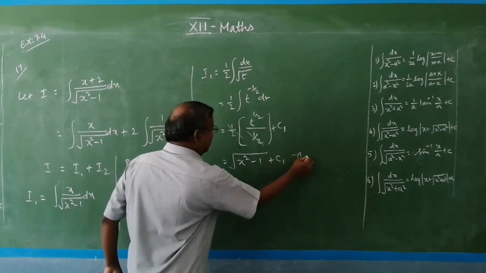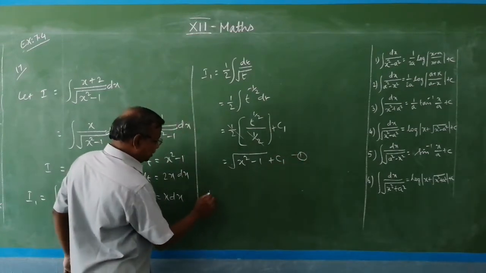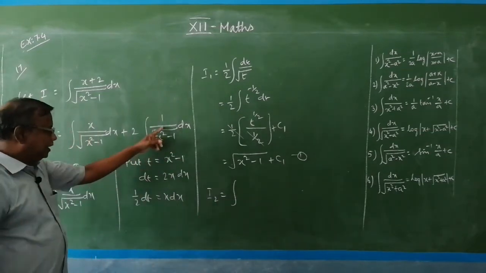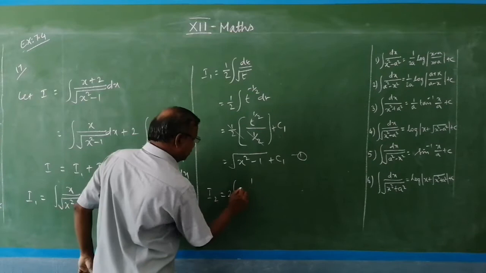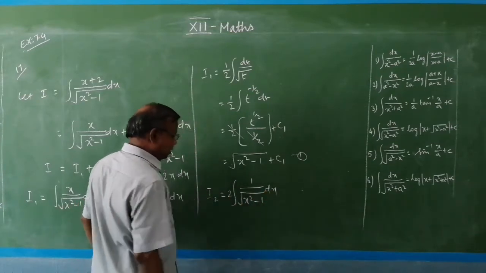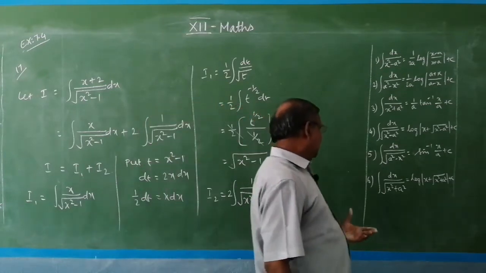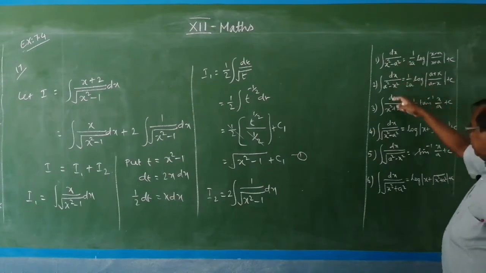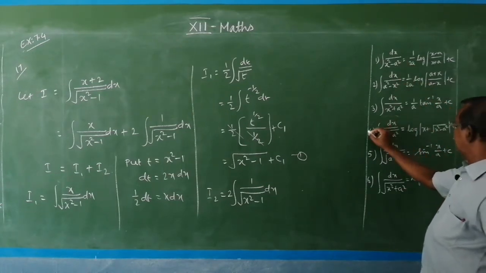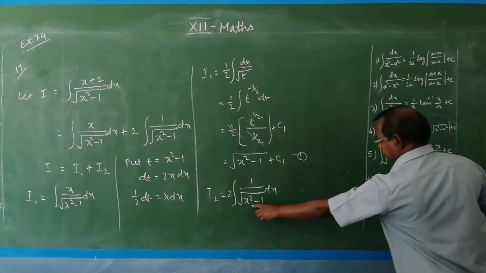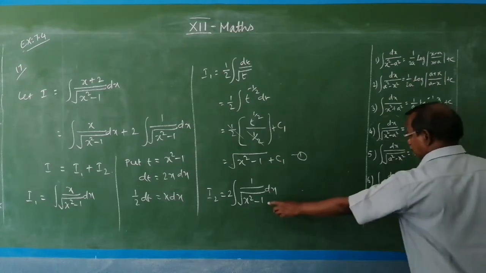Say this is 1. And for the second one, we have I2 equal to integral 2 into 1 by root of (x square minus 1) into dx. For your reference, I have written all the 6 formulas, and you have to check which one applies. Here the fourth one is applicable, that is in the form dx by root of (x square minus a square), where instead of a square we have 1 square.